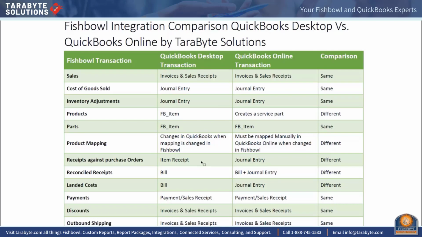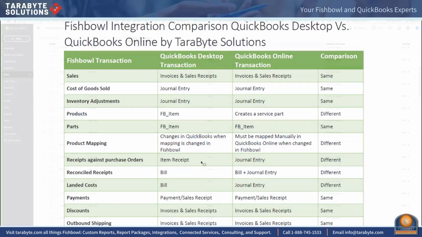Then when we reconcile our receipts to the bill, in QuickBooks Desktop, we get a bill. And in QuickBooks Online, we get a bill plus a journal entry reversing the journal entry that was the receipt. And then if we've added landed costs to that bill, we're going to get another journal entry for the landed costs. So we're going to do that example right now.